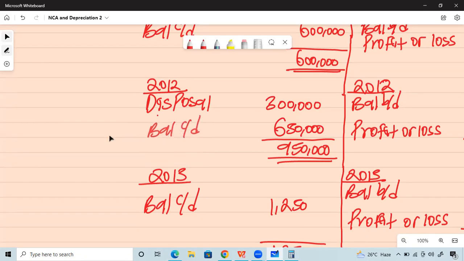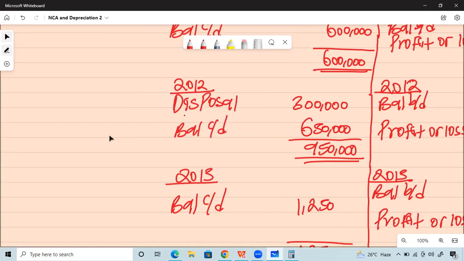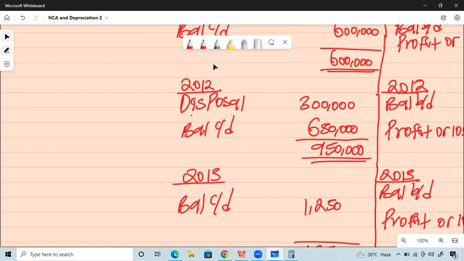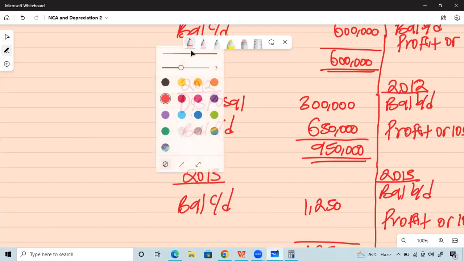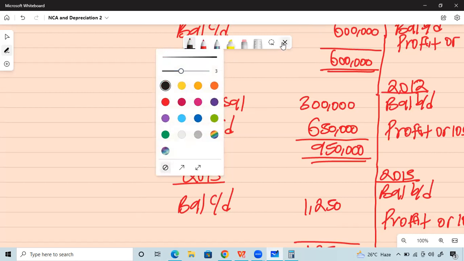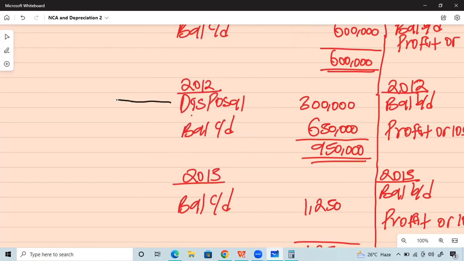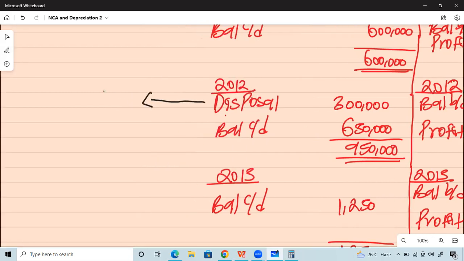So how do we get this? You know that this particular asset, you purchased it in 2009.